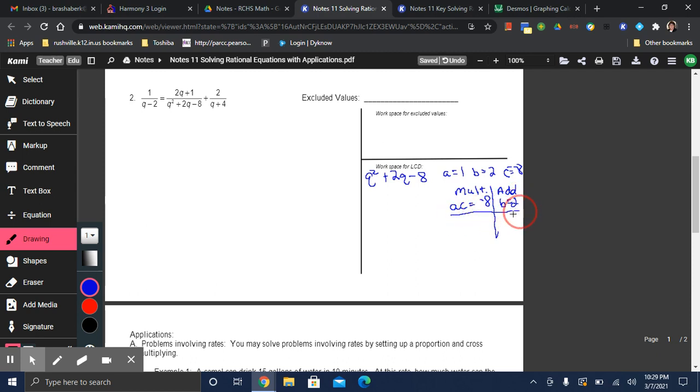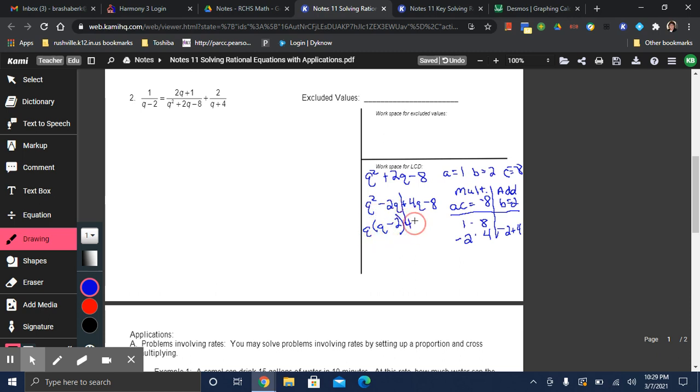We could make a list of what multiplies to 8. It's just a couple of factors. 1 times 8, 2 times 4. If we make the 2 negative, we would get it to add to 2. So we'll have q squared minus 2q plus 4q minus 8. And if we divide out a q, we'll have q minus 2.